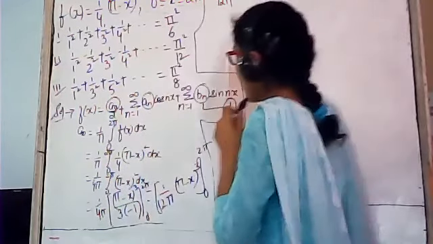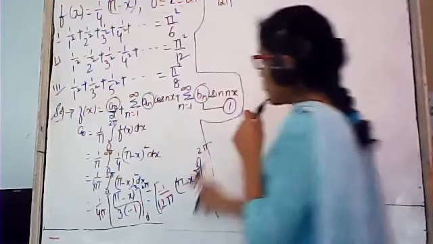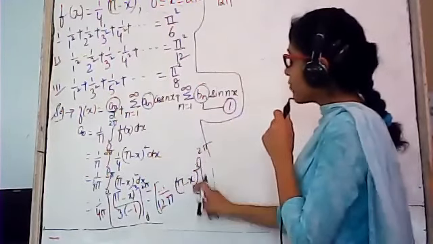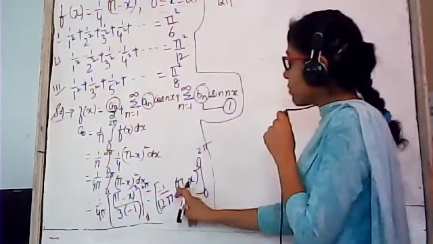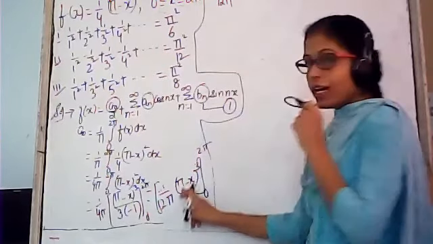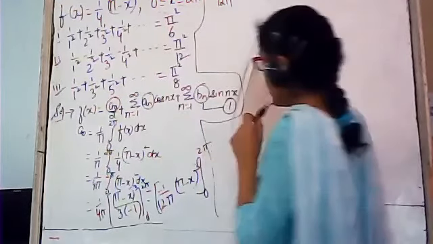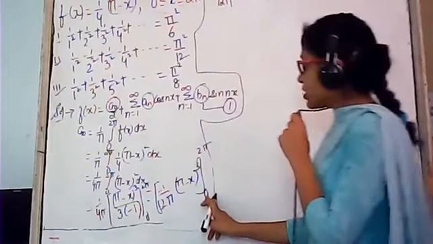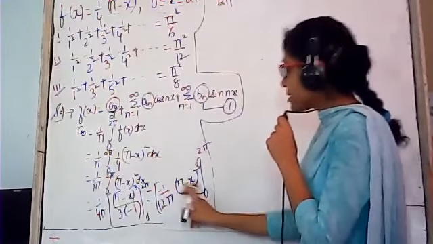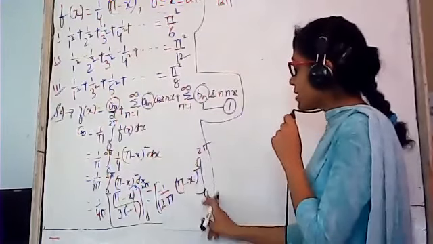This is minus 1 upon 12 pi. First of all, put the upper limit. If we put the upper limit in the place of x, it will be pi minus 2 pi, and pi minus 2 pi will be equal to minus pi, the cube. After that, we have to substitute the lower limit in the place of x. It will be equal to pi minus 0.